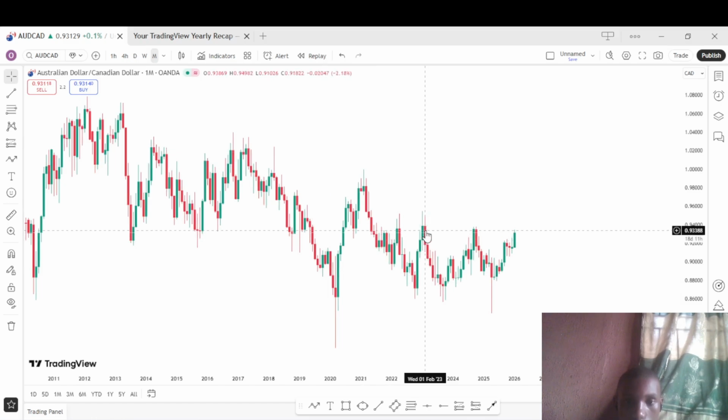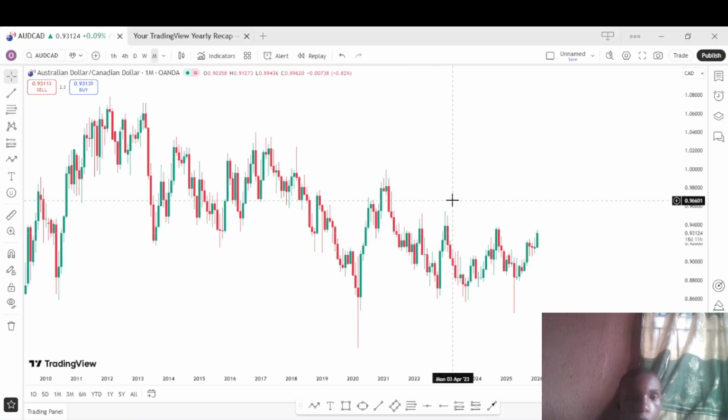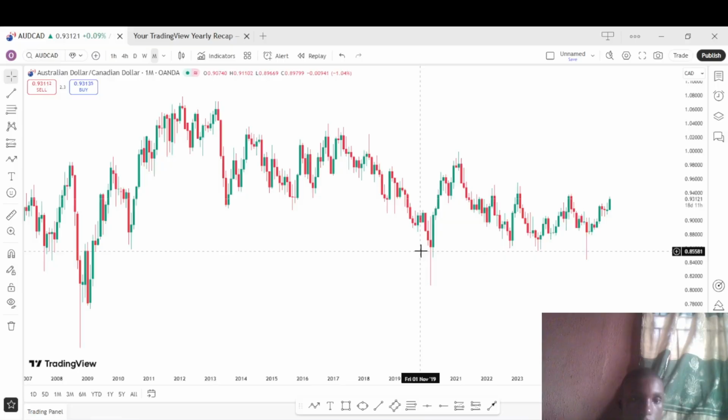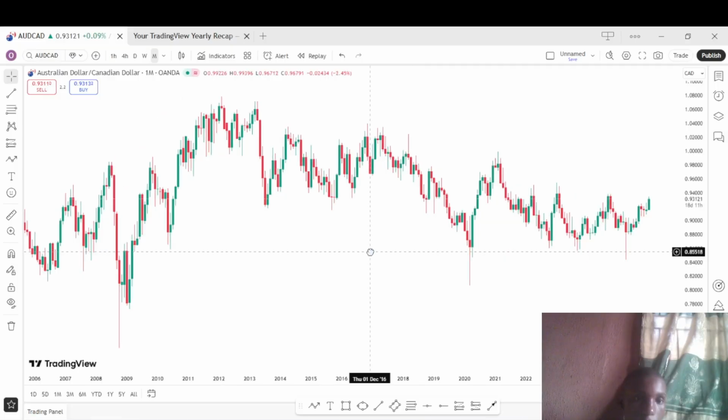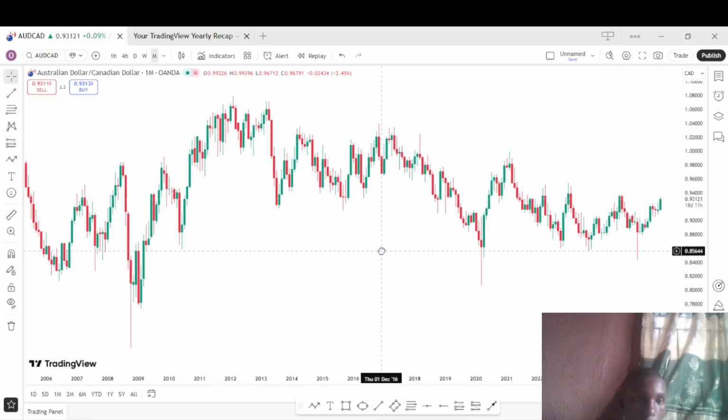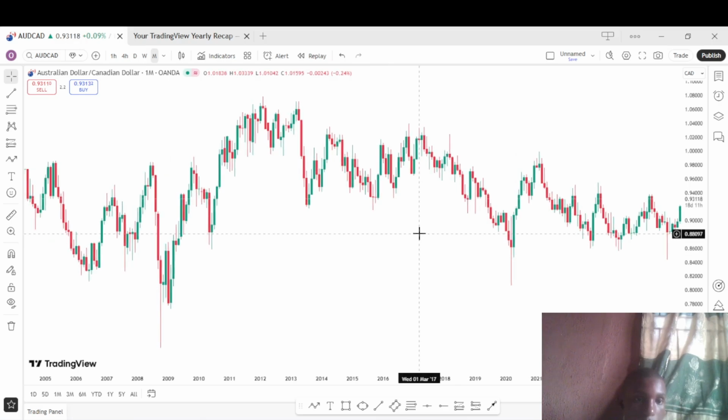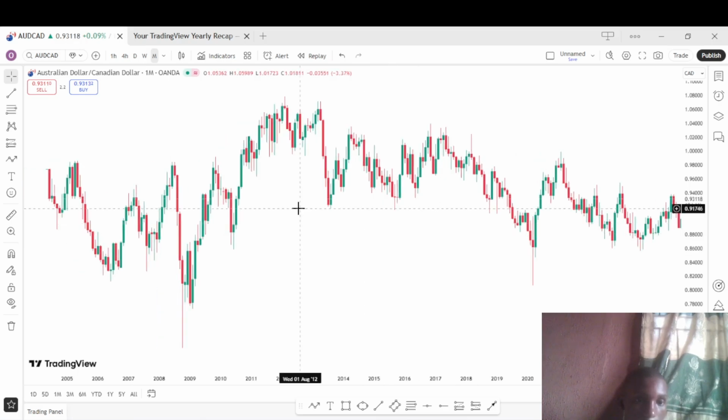This wants to look like a tweezer top, but no. I can't find any candlestick pattern on the monthly. Okay, I think I can find one.